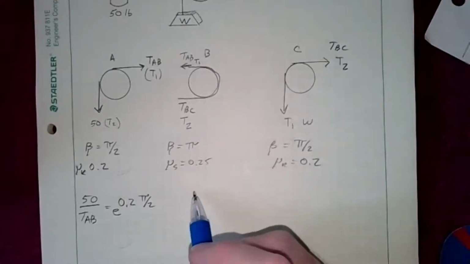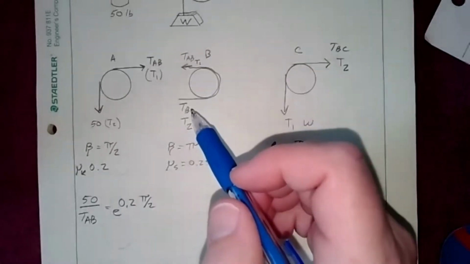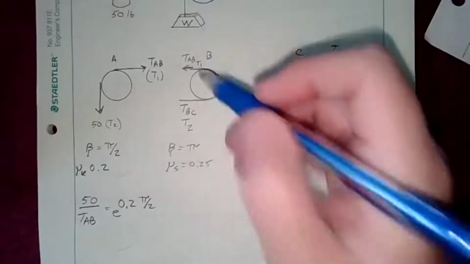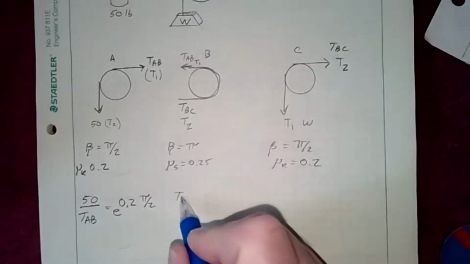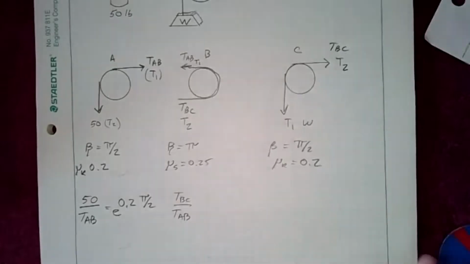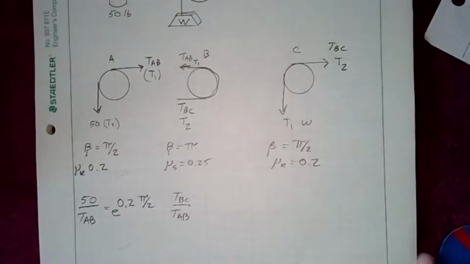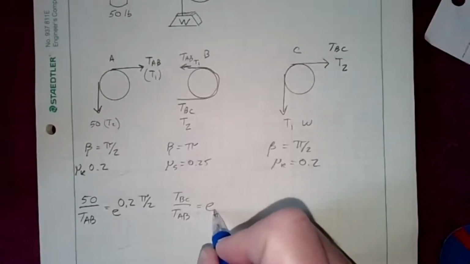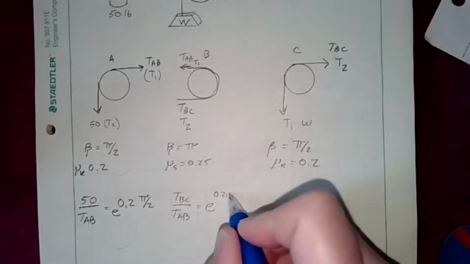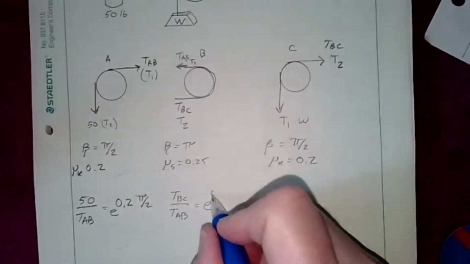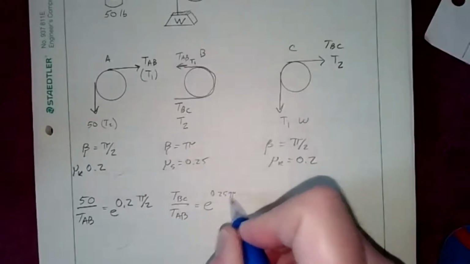And then with this one, since this is T2 and this is T1, we can write TBC over TAB, and that's going to be equal to e to the 0.25 times pi.